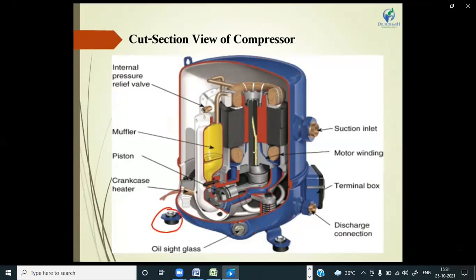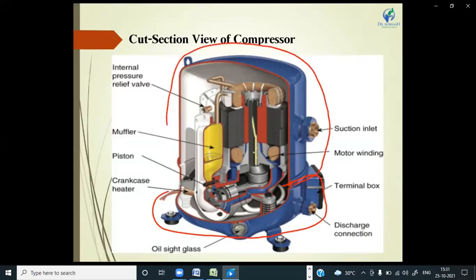These are the four legs of the compressor that provide a base or platform. There is a half cut section and another half cut section. The compressor is divided into two portions.